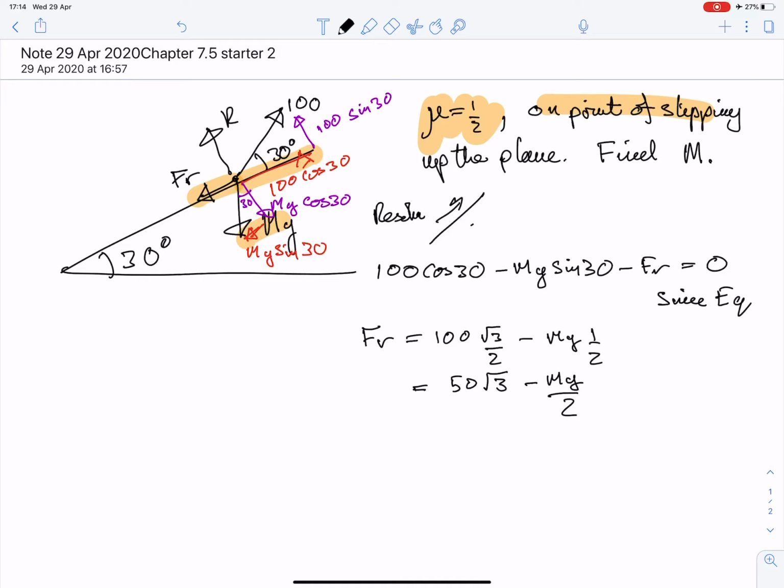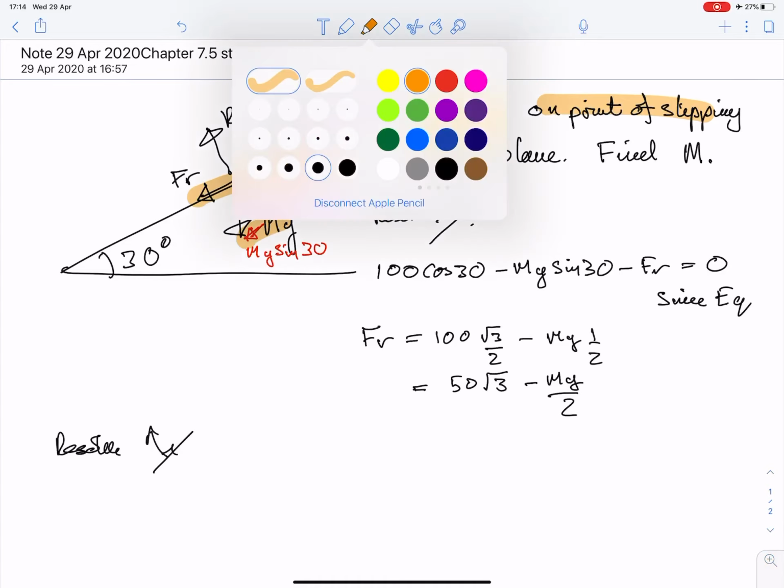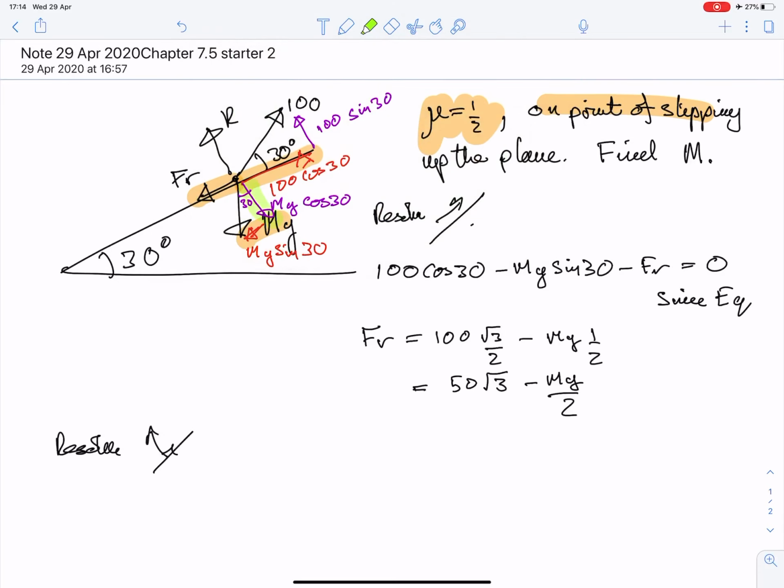Okay, next then, let's resolve perpendicular to the plane. Let's look back at our diagram and see what forces we've got in that direction. Perpendicular to the plane, we've got our mg cos 30, our 100 sine 30, and our normal reaction.